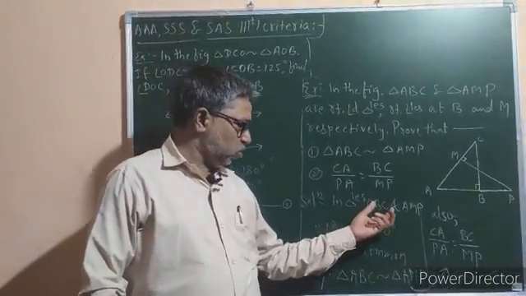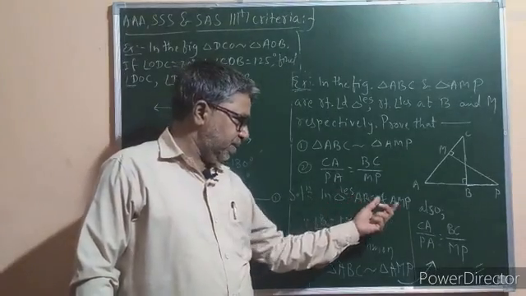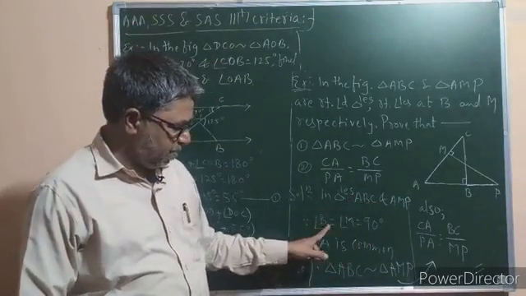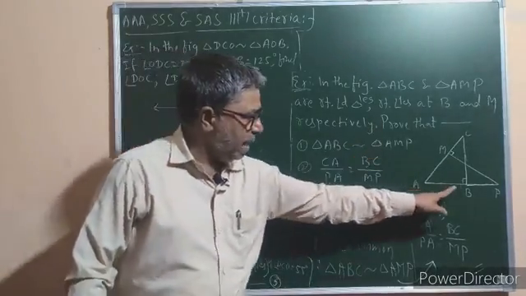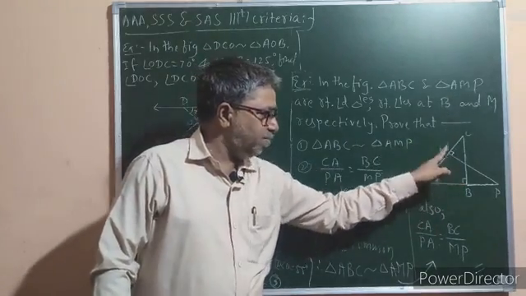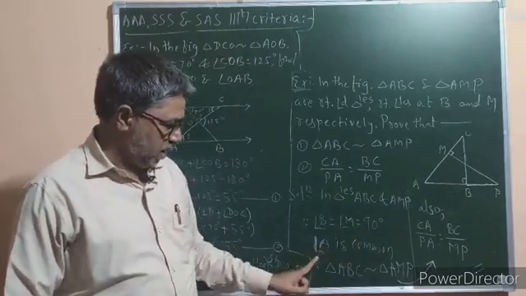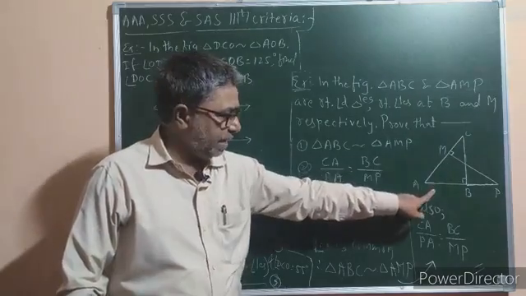Now in these two triangles let us solve the example. In triangles ABC and AMP, angle B is equal to angle M is equal to 90 degrees. It is given angle B is 90 degrees and angle M of triangle AMP is also 90 degrees. And angle A is common to both the triangles.